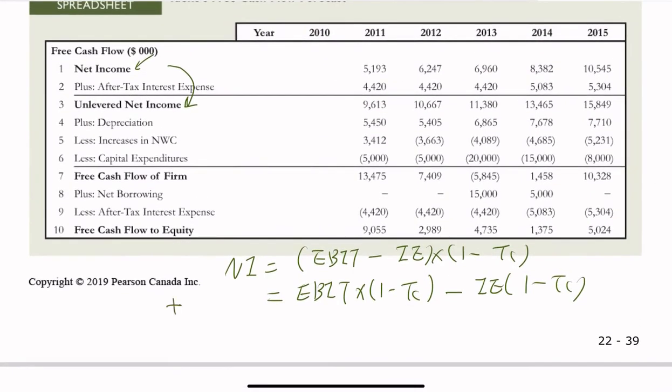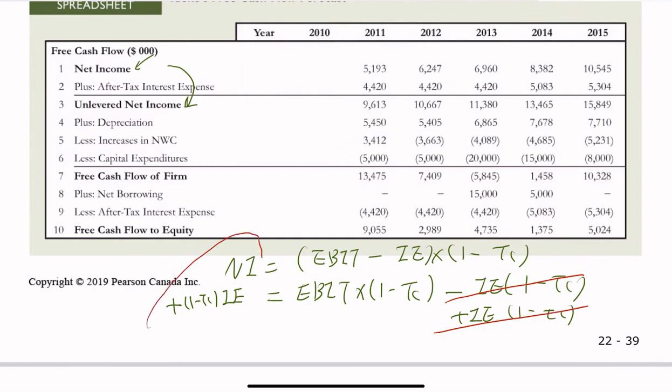If you plus the after-tax interest expense, you can see that these two terms will just cancel out.